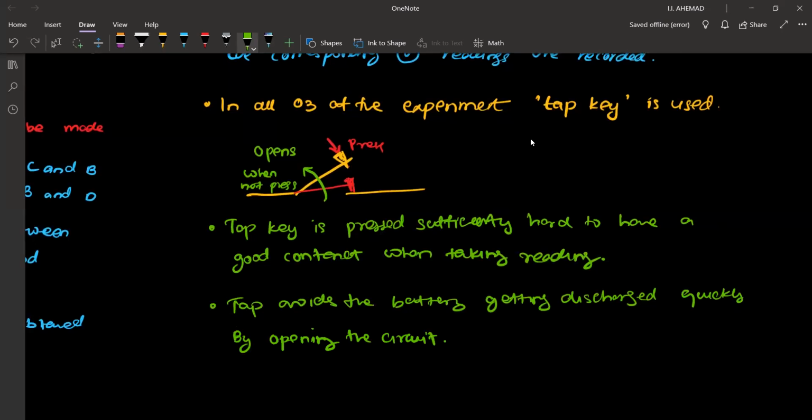Okay, is the idea of the tap key clear? Why we use a tap key, what is the purpose of it, and how to use it?